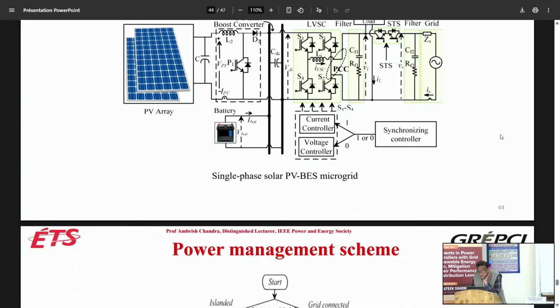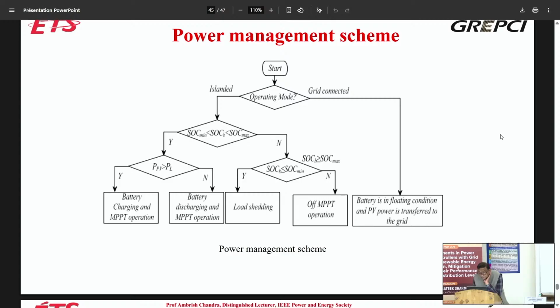Now power management scheme. What is the operating mode? Is it islanded mode or is it grid connected? So if it is grid connected, the battery is in floating condition and PV power is transferred to the grid. But if it is in islanded mode, you have to see that the state of charge of the battery is between minimum and maximum value.